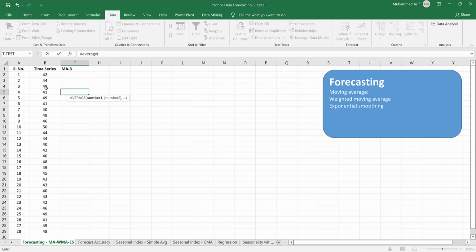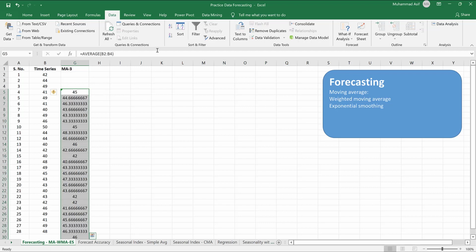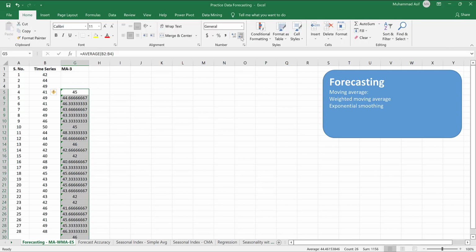That's average of these three. Okay, so that's a forecast for using a 3-period moving average.